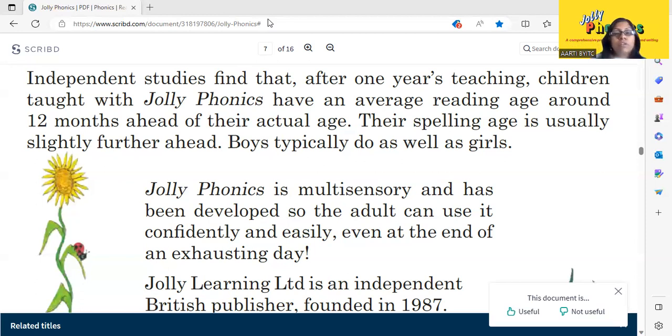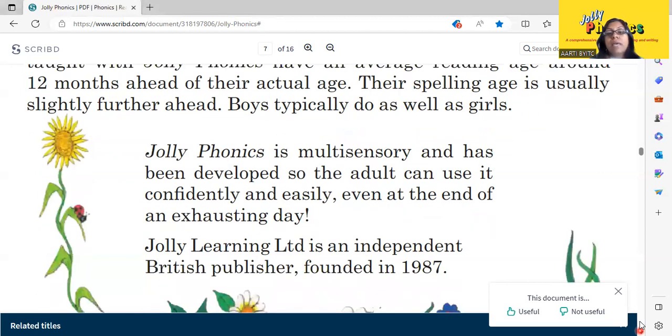So yes, Jolly Phonics has an element of jolly, which is a correct word. It is something, it's called magic, basically, right? Jolly Learning Limited is an independent British publisher, which was founded in 1987.